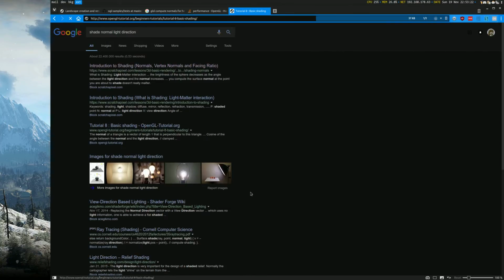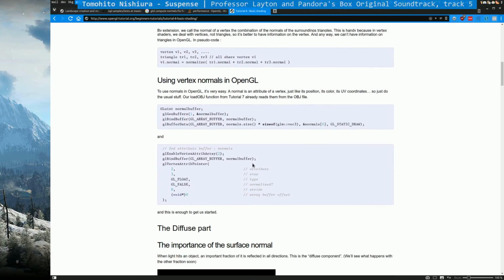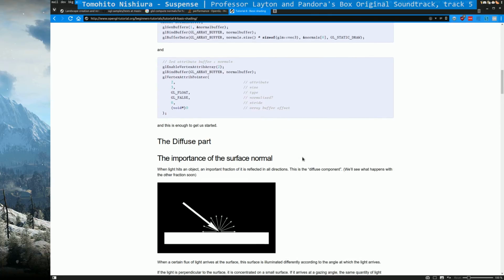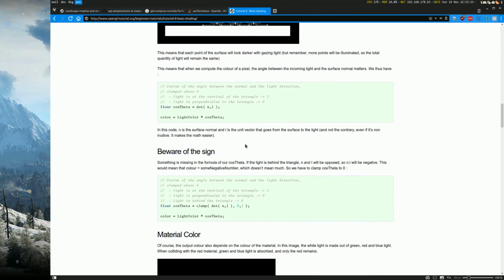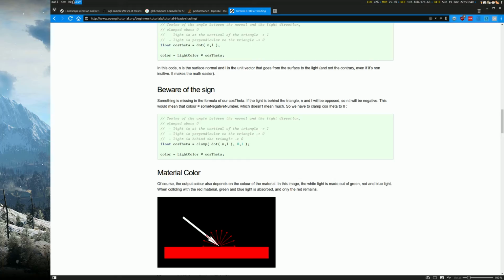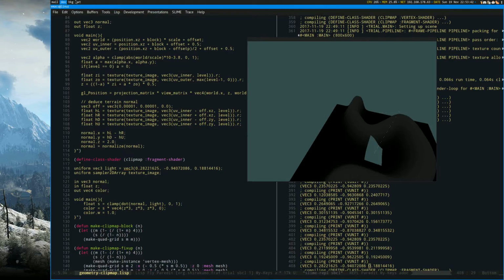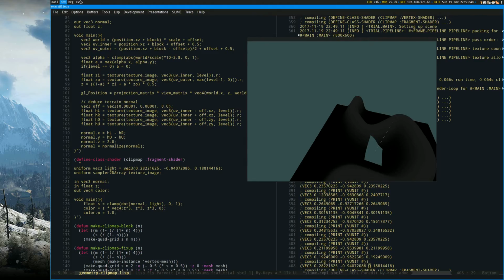Don't we have like a... Oh yeah, here we go. Vertex normals, diffuse part. Yeah, okay. So that's basically the same thing we're doing, right? Dot, and then just multiply, yeah.